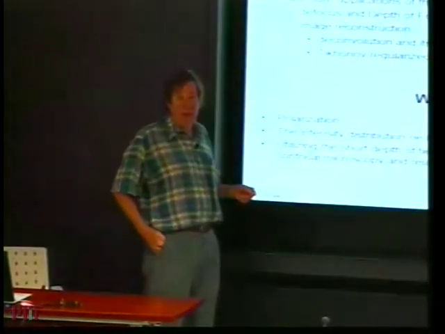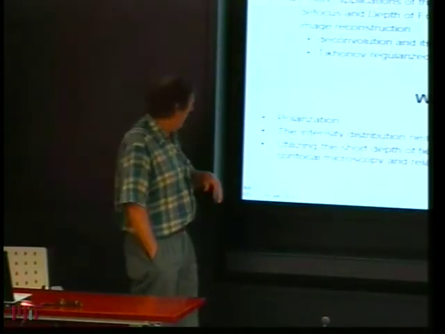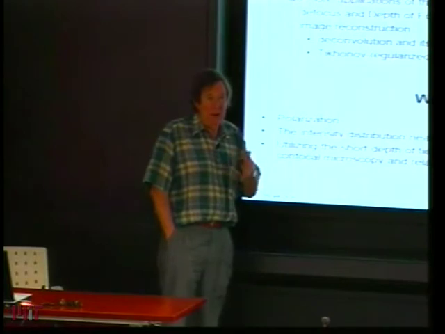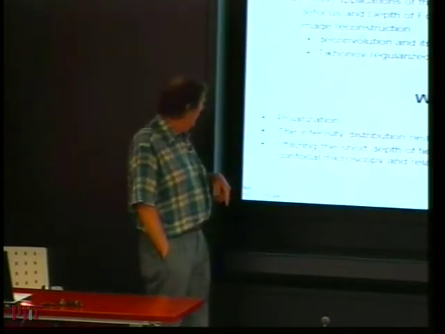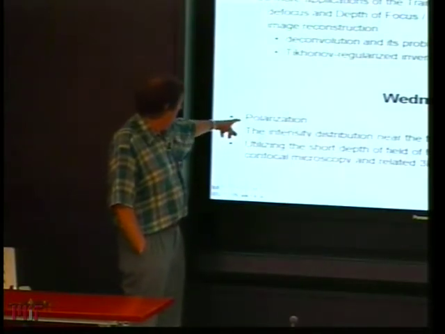So what we're supposed to be doing today: more applications of the transfer function, a bit about depth of focus, and a bit about deconvolution. And there are some nice simulations that George has done to show that. Then he's got down for Wednesday, which I'm also going to be giving, polarization.